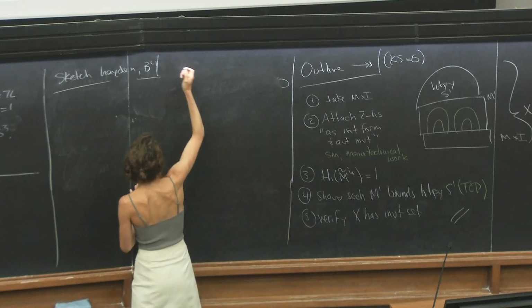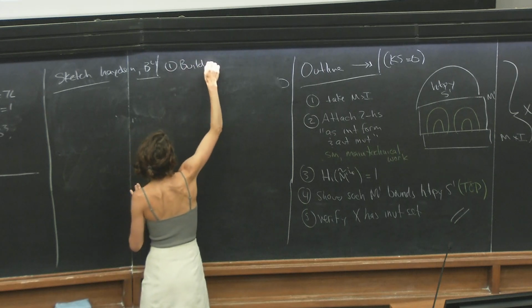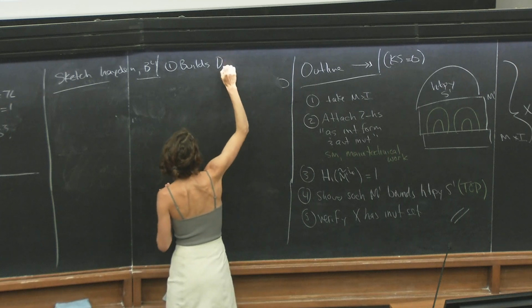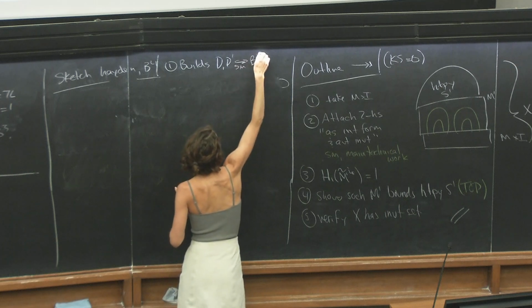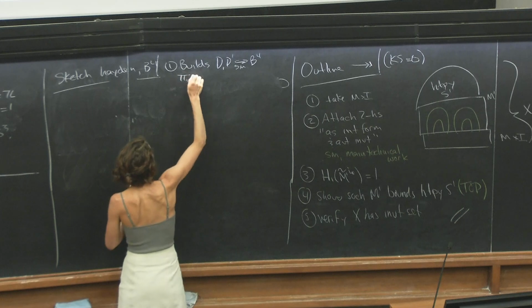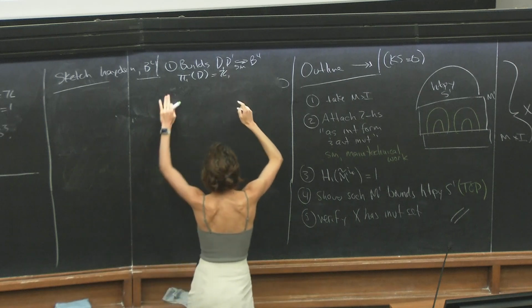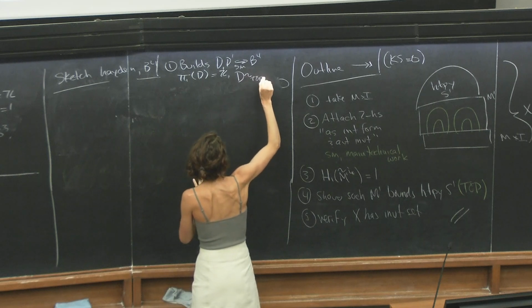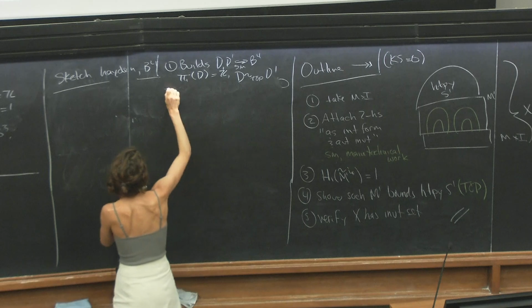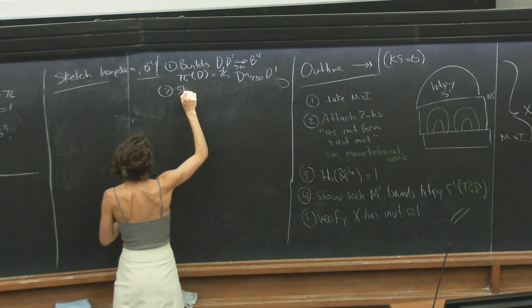What we need to do is, one, build a pair of disks with pi1 Z, and such that they are topologically equivalent. And then we're going to show that their complements are not diffeomorphic.